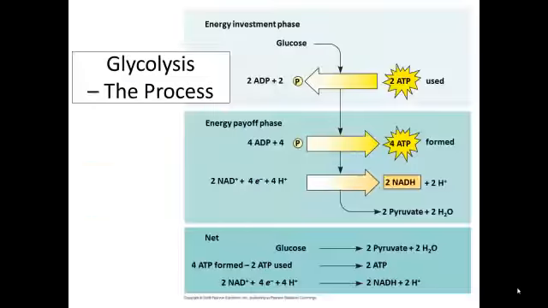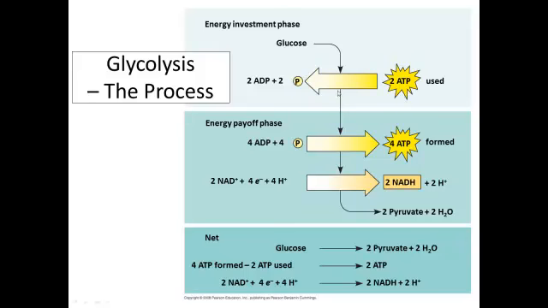The process is called glycolysis because it is the splitting of glucose, a 6-carbon sugar, into 2 pyruvate. Pyruvate is a 3-carbon organic acid. To split glucose, the cell must use 2 ATP. It's kind of a you have to spend money to make money situation.